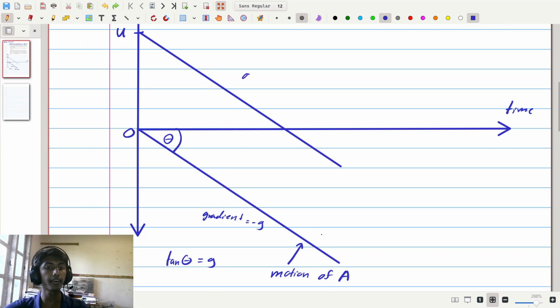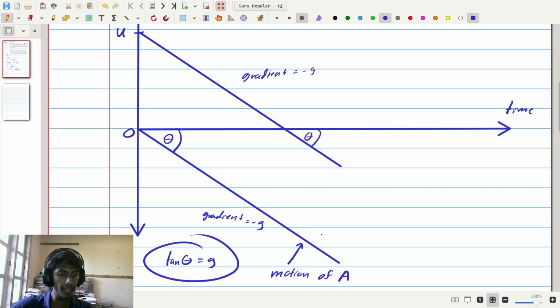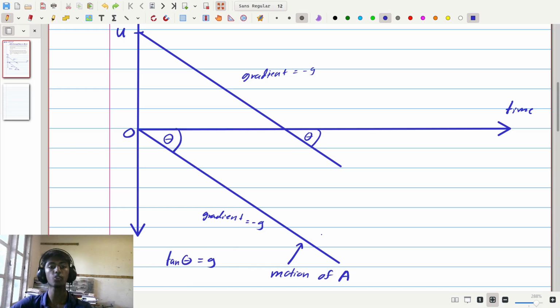This line is also going to have a gradient of negative g, and therefore the angle here is also going to be such that tangent of the angle is equal to g. So we can see these two lines are parallel to each other. I'm going to mark that separately with the two parallel line marks like this and this. So these two lines are parallel.